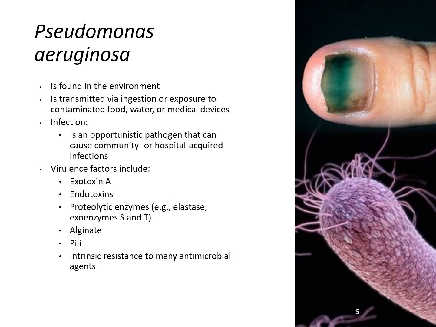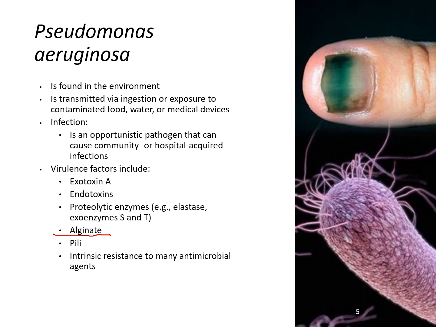And one that's very notable is that it can produce a biofilm that is related to the alginate. With this, it will have an overproduction of this, and then it will produce a biofilm that gives it a mucoid type of presentation.